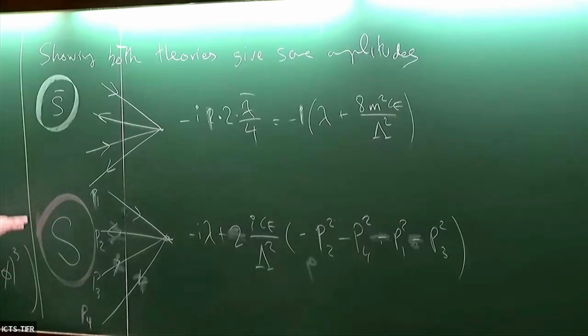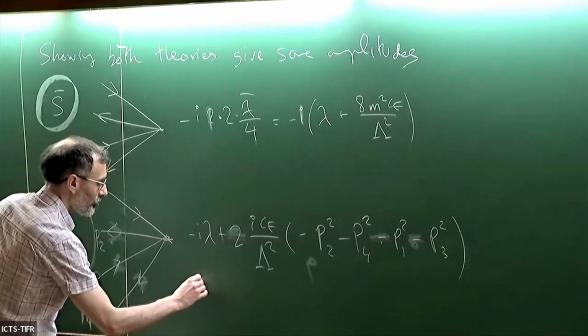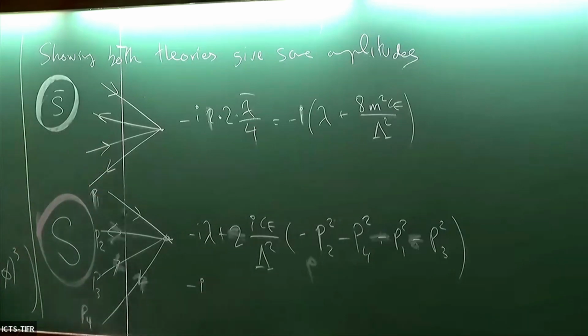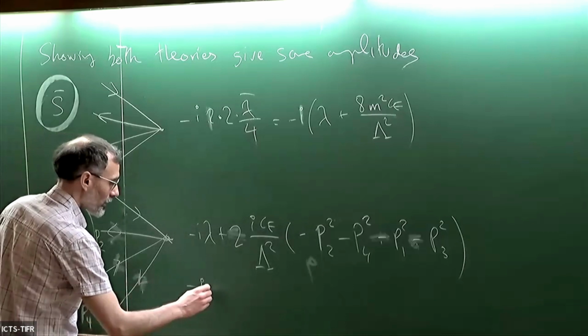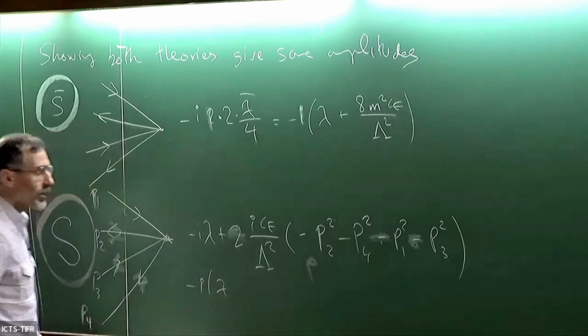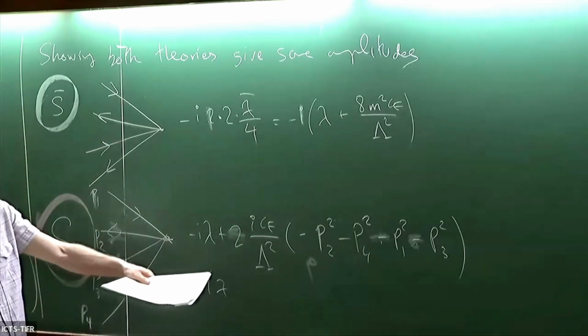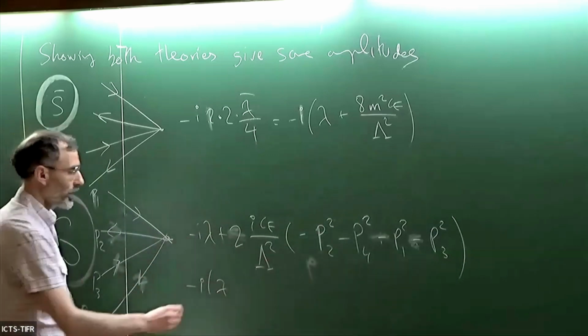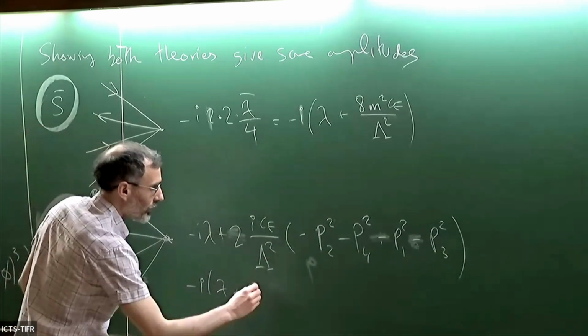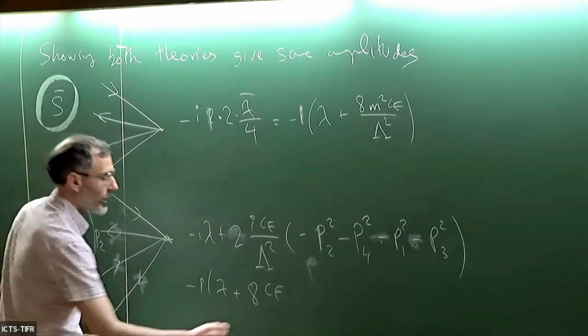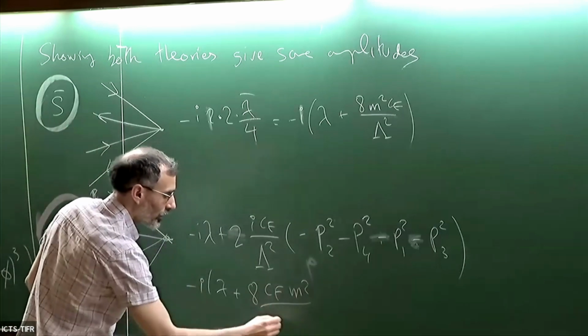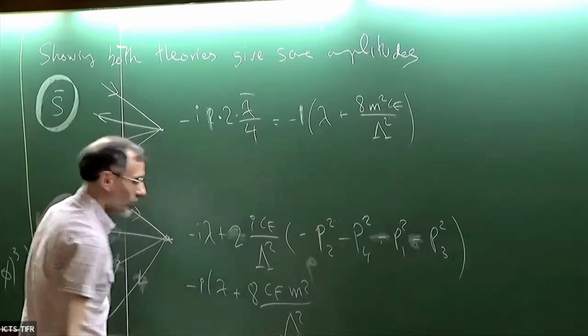But for this scattering, all of these particles are on shell, in which case I can substitute all of those momenta squared for their mass squared. So now it's just a matter of counting. Minus I lambda, there's a factor of 2 up front, and 4 terms. So it will be a plus 8 CE times m squared over lambda squared.